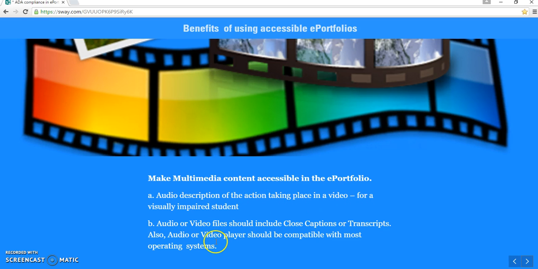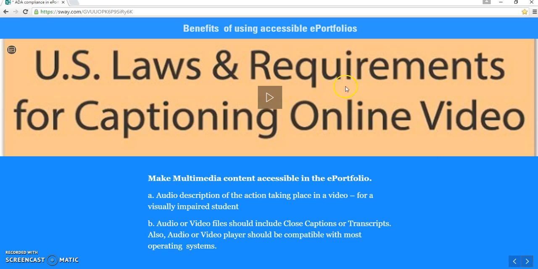And for the hearing impaired person, it's also important to have text description or some kind of transcript available with the video, so that students who are not able to hear can read the closed captions or the transcript associated with the multimedia. So that's another thing to keep in mind.